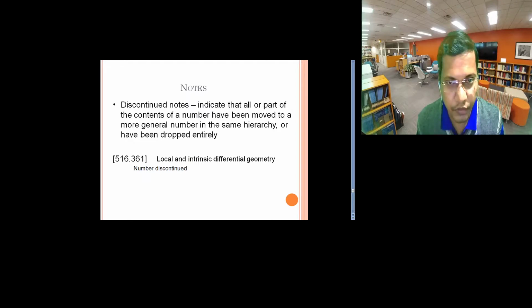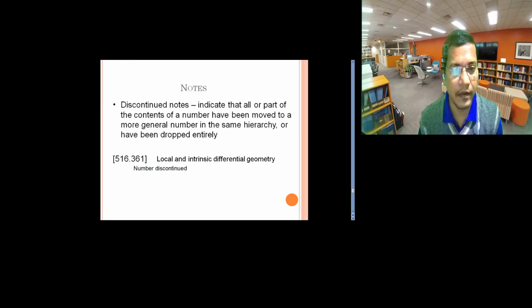Discontinued notes indicate that all or part of the content of a number has been moved to a more general number in the same hierarchy or has been dropped entirely.